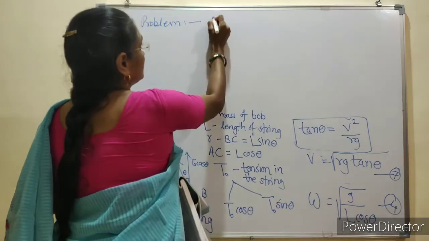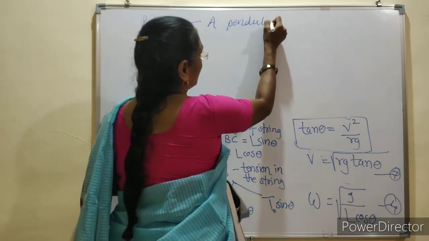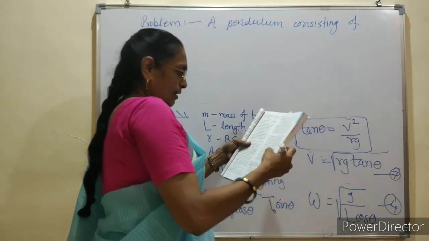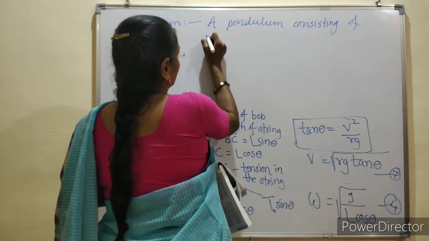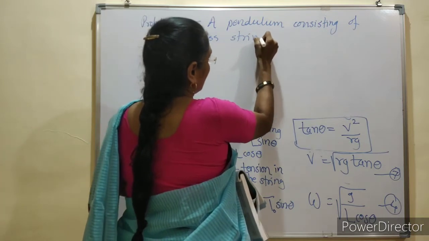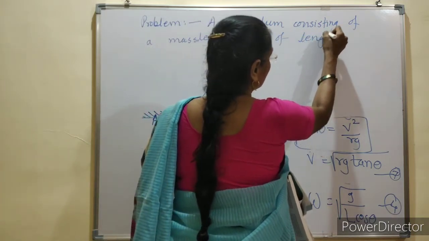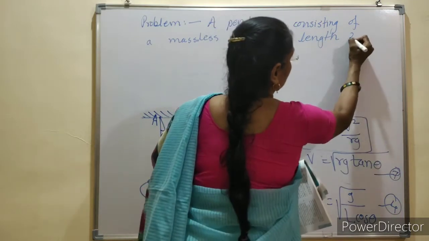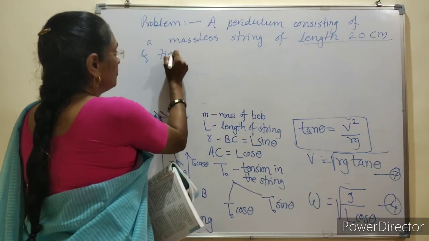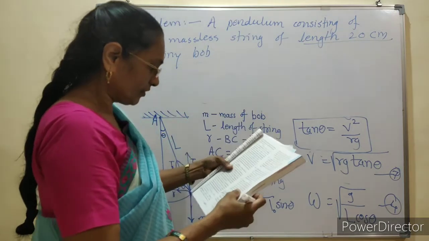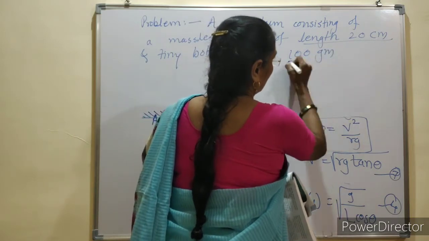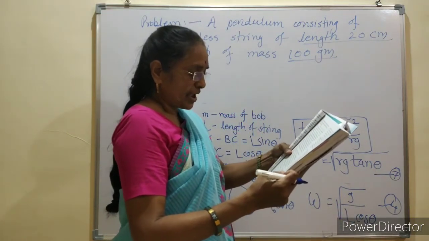It is a pendulum consisting of a massless string of length 20 centimeter, and a tiny bob of mass 100 gram is set up as a conical pendulum.